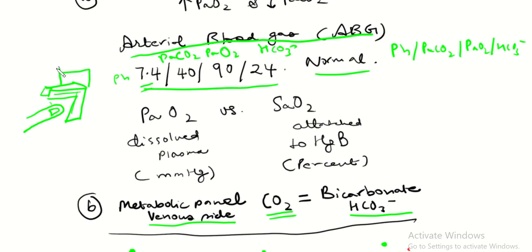It reads, and it gives me a percentage saturation. That's saturation of oxygen. So is SaO2, or saturation of oxygen, different from PaO2, which is partial pressure of oxygen? The answer is yes, that is correct.